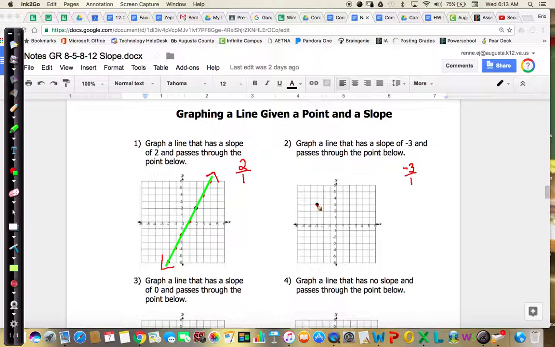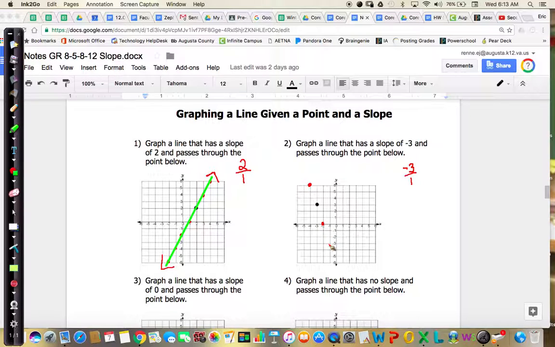So I'm going to start here, and I'm going to go up first. So since I'm going up 3, to make it negative, I now have to go left 1. Now go back to the point, and the only way I can go is down for the rise here. And since I went down 3, now I got to go positive.